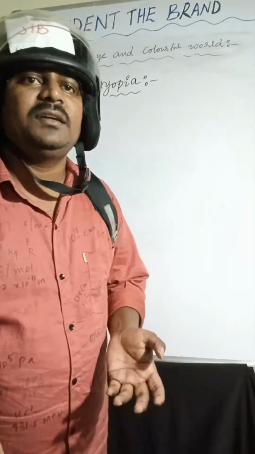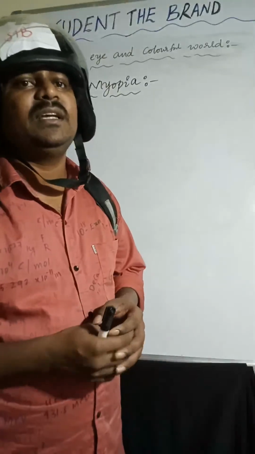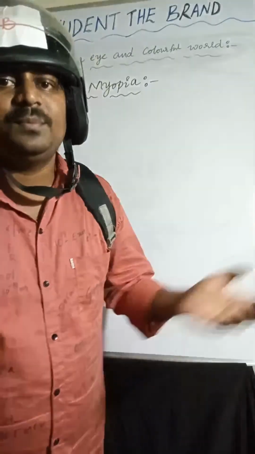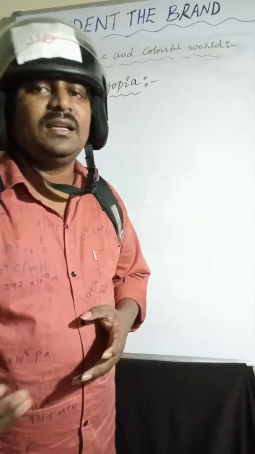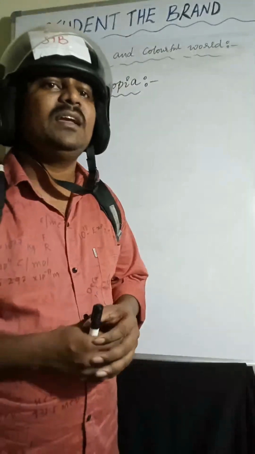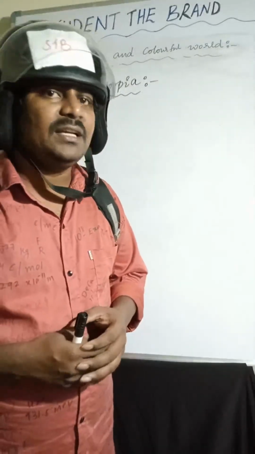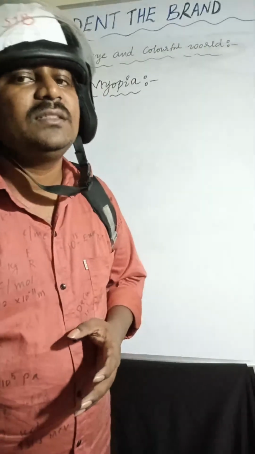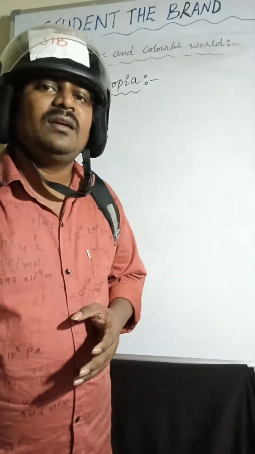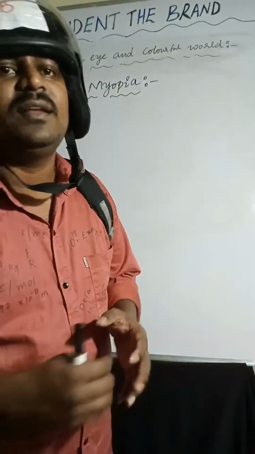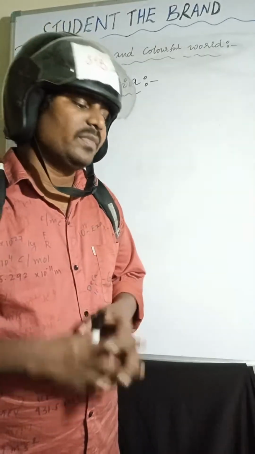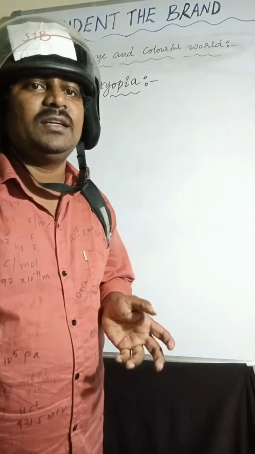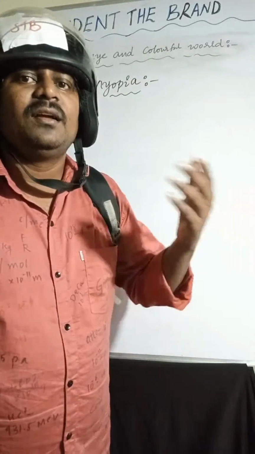For that correction we are using a concave lens. So in myopia we are able to see near distance, but we can't see the far distance. For that correction we are using a concave lens.